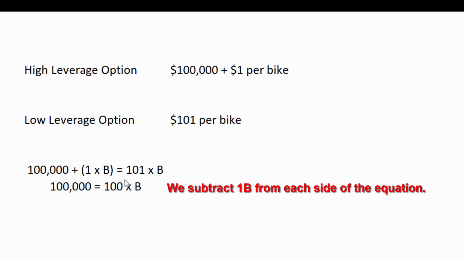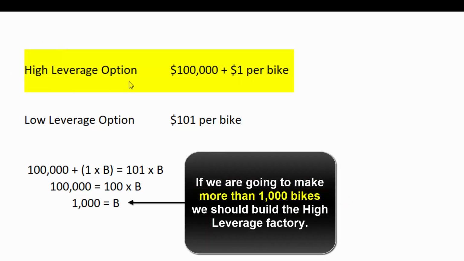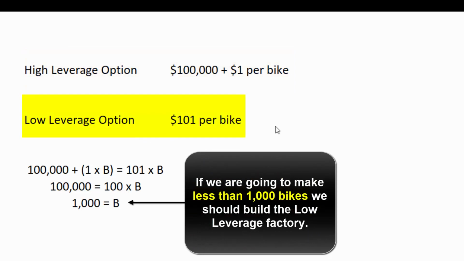We'll subtract 1 times B from each side, so 101 bicycles minus 1 bicycle is 100 bicycles, so 100,000 equals 100 times B, or B equals 1,000. If we think we're going to make 1,000 bikes or more every month, we should opt for the high leverage option. If we're going to make less, we should choose the low leverage option.